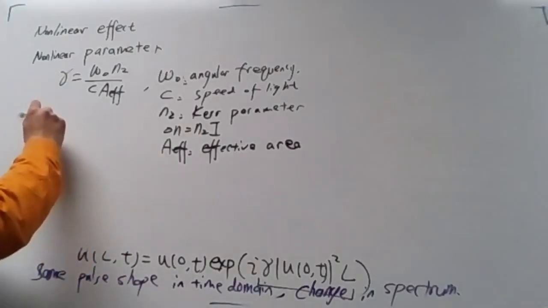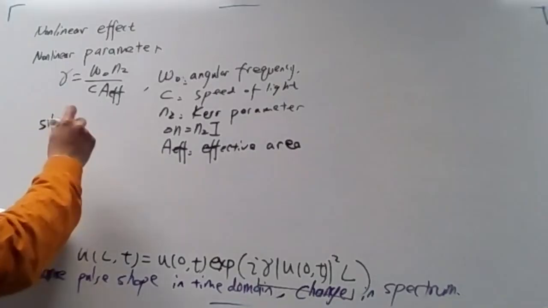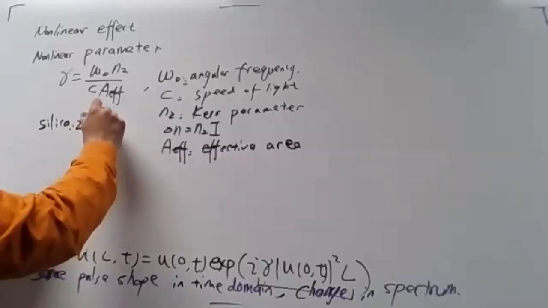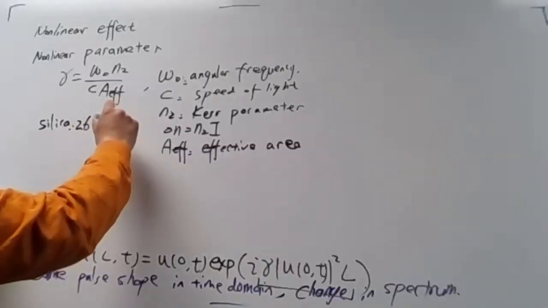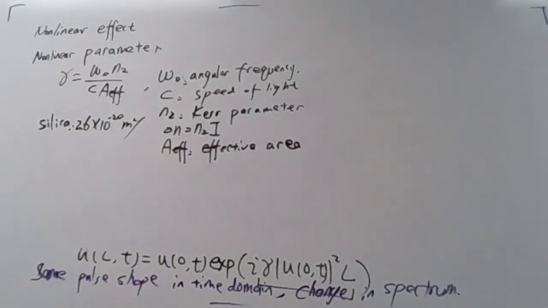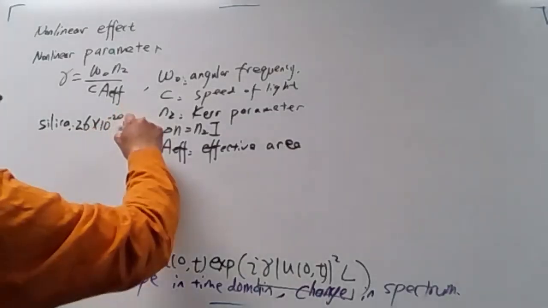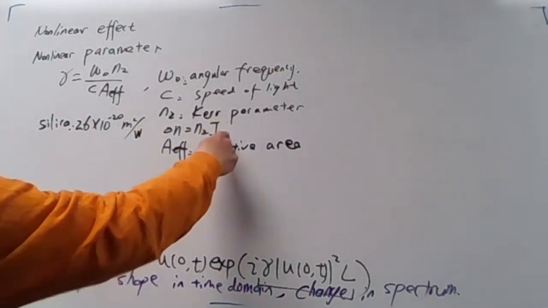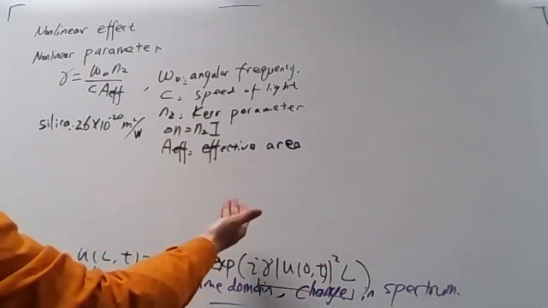For silica, n2 is roughly 2.6 times 10 to the negative 20 meter square per watt. So in other words, intensity is watt per meter square.